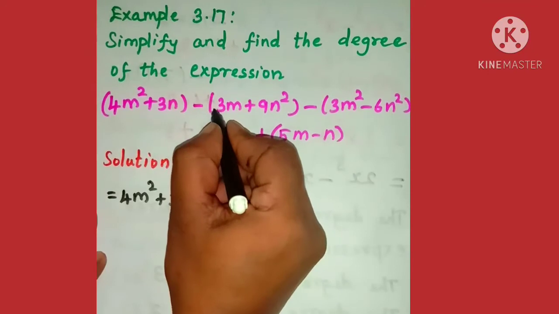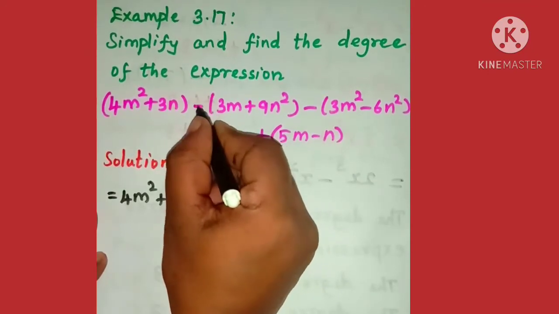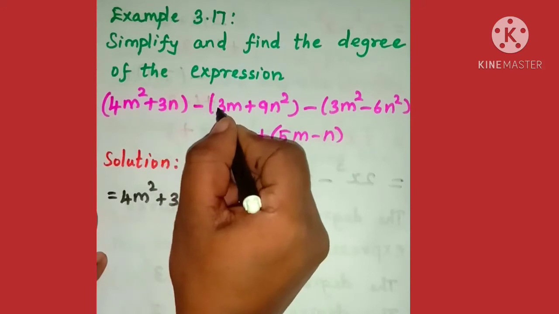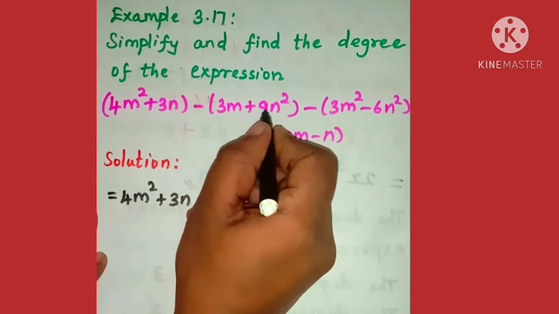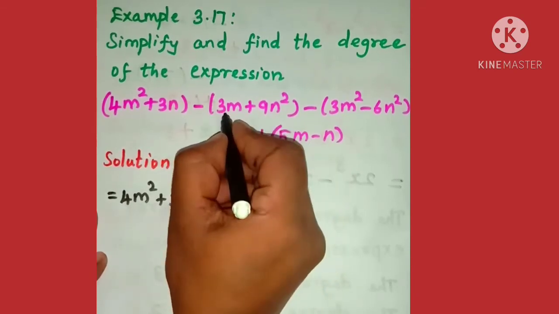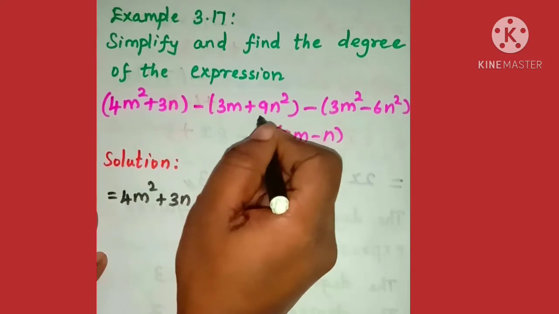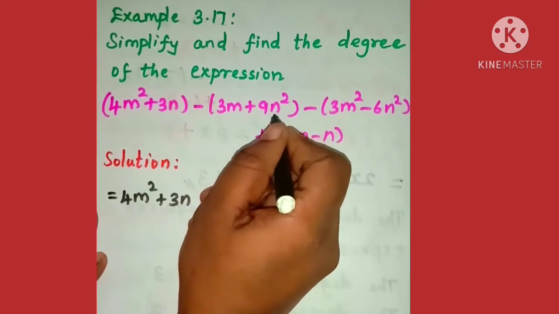So there are two ways we can do it. The first one is multiplying the minus sign with the signs of the terms inside the brackets. Otherwise, change the signs of the terms which are inside the brackets.